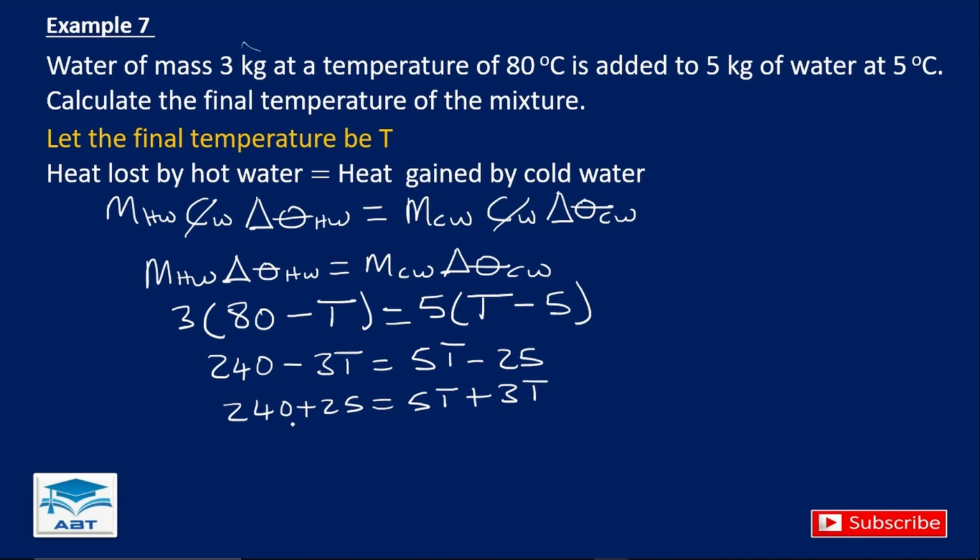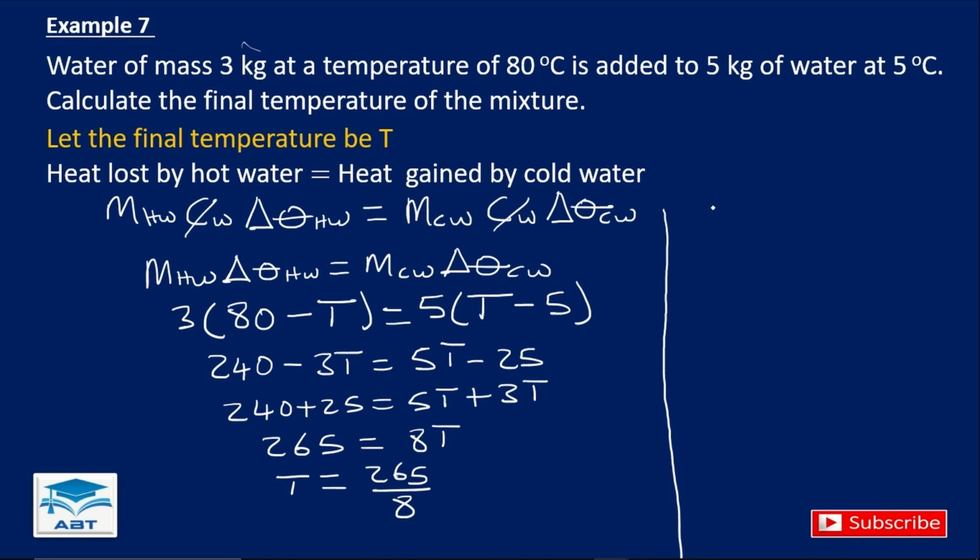And 240 plus 25 is 265. 5T plus 3T is 8T. And we divide through by 8 to get the final temperature. So T is equal to 265 divided by 8, and 265 divided by 8 will give us 33.125 degrees Celsius. This is the final temperature of the mixture.